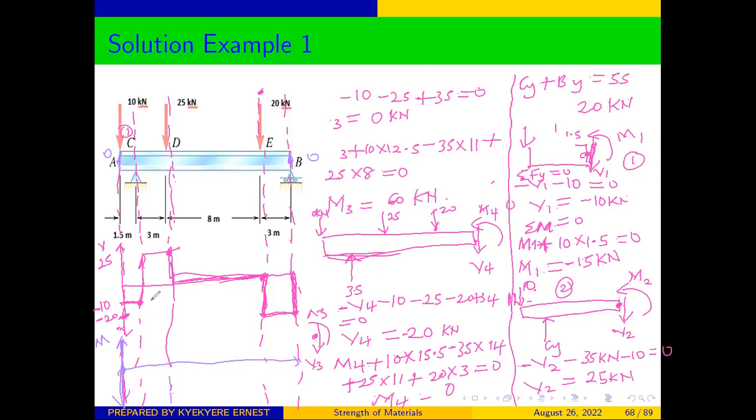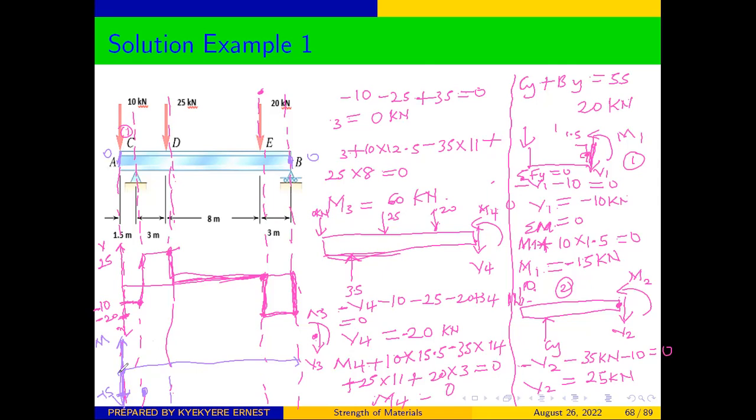Then we saw that at the second session, the bending moment increased to -15. So we can write our -15 somewhere here. So this is the point on the second session, -15. On the third session, we realize that now, at the second session, the moment changed.